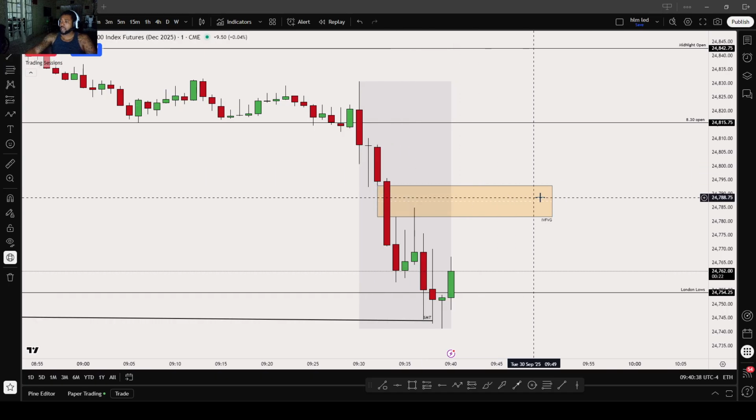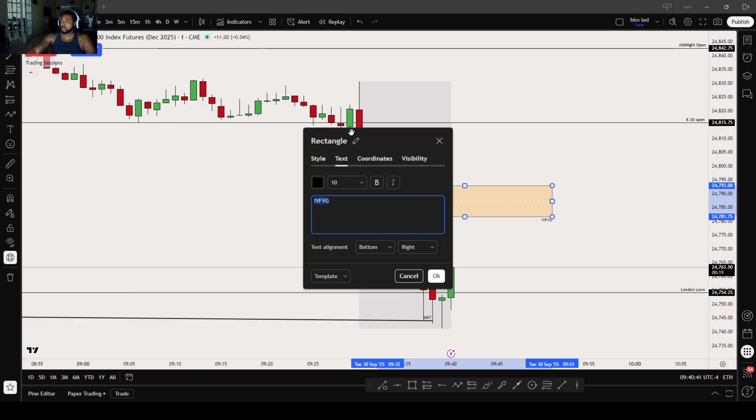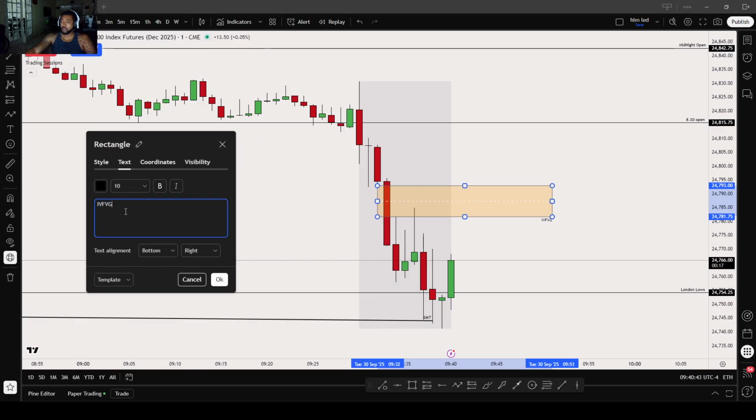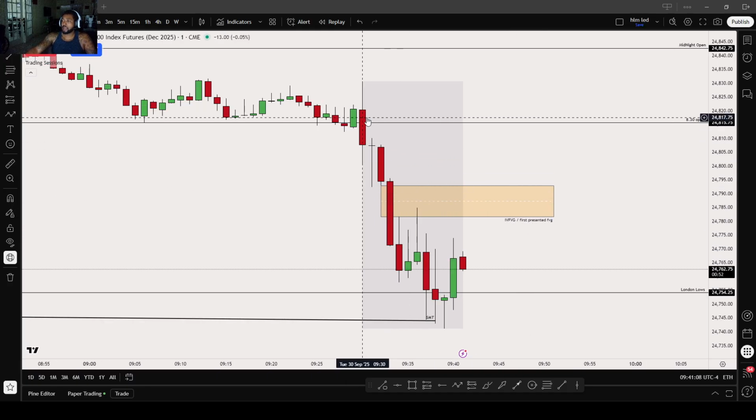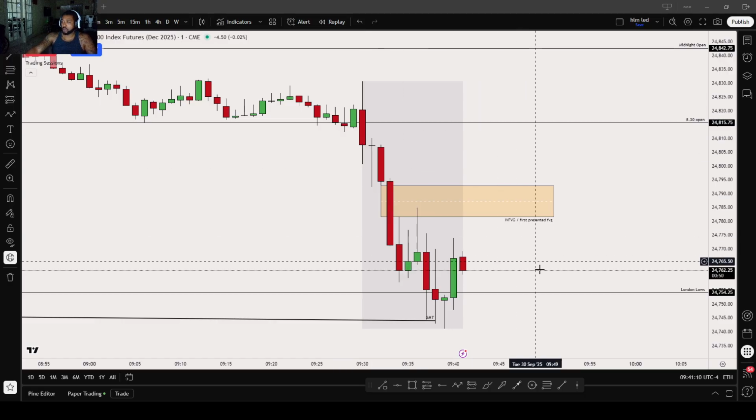And this is actually coupled with the first percentage fair value gap. So this inverse fair value gap is a big key level because it's coupled with the first percentage fair value gap. This is basically the first fair value gap that got created after 9:30.